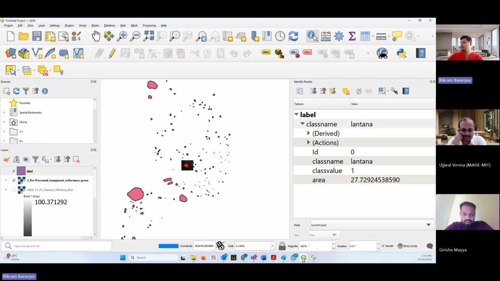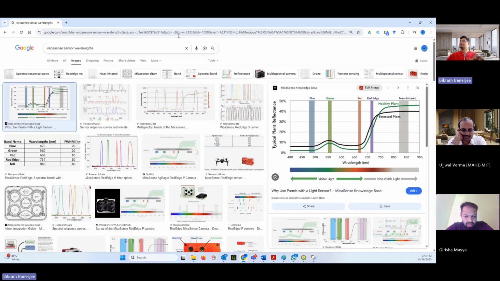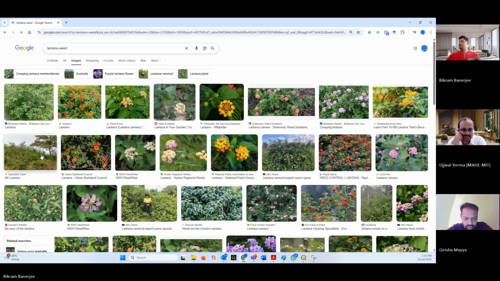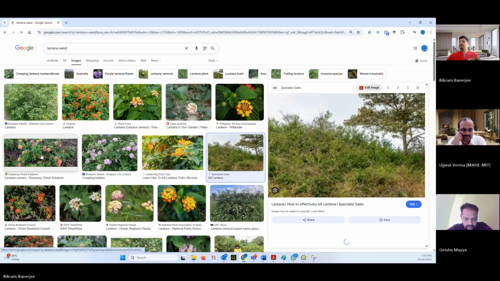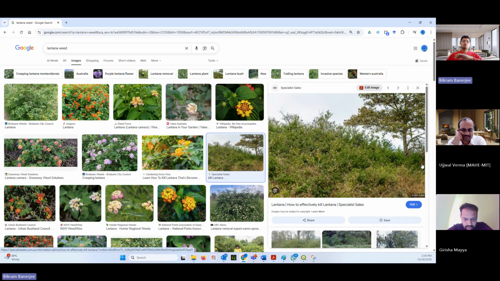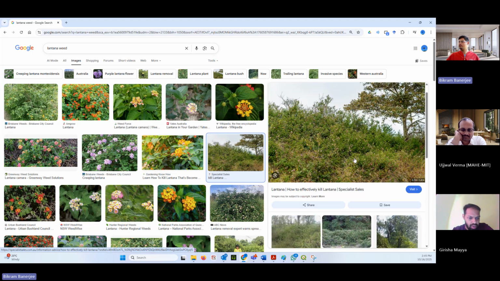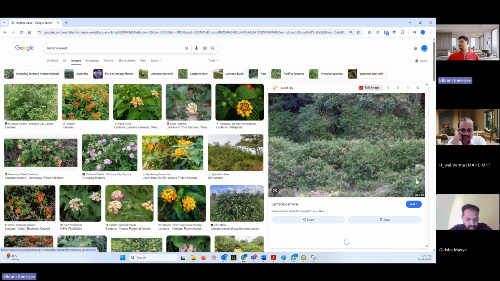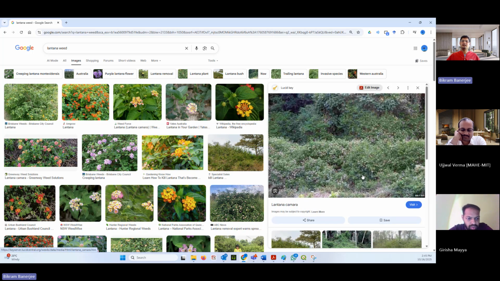And I'll show you how lantana looks, that will make sense. So they grow like this, a continuous shrub weed. We have collected the images when they are not flowering, so you will get just green, almost no color. They are mainly thickets of green, and it's a really big invasive weed here.